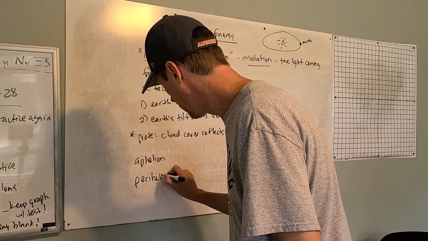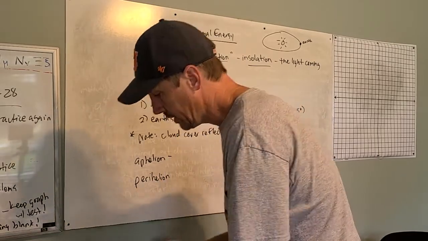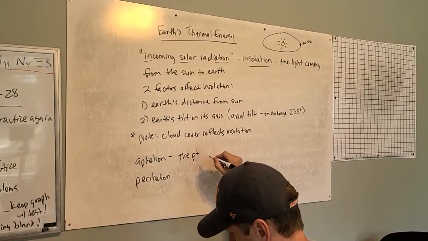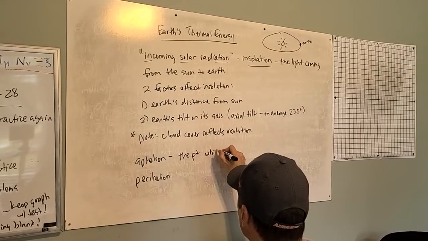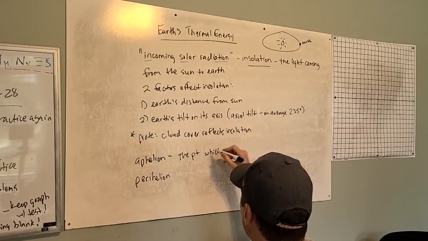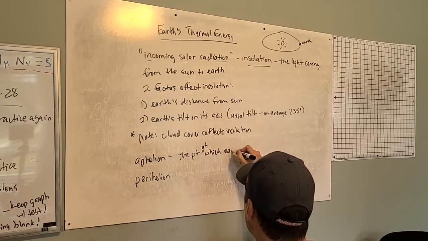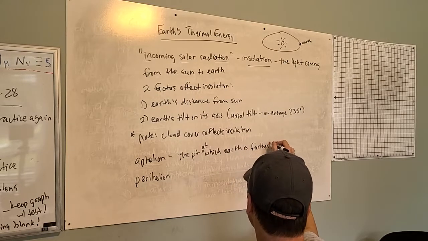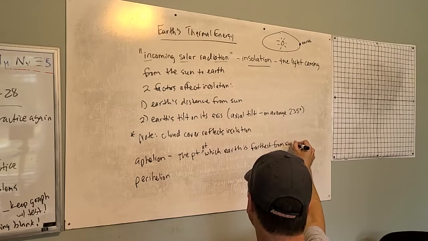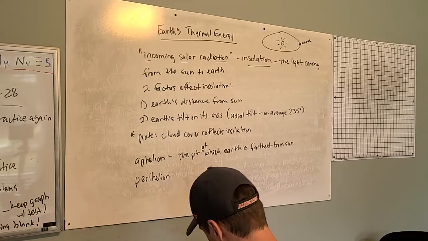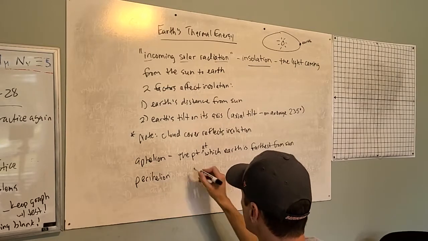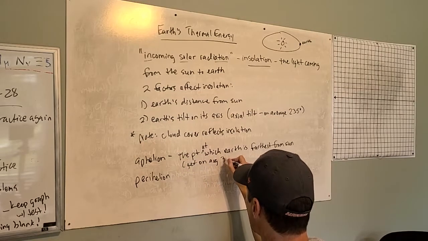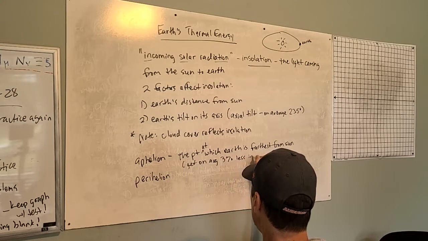Aphelion is the point at which Earth is farthest from the sun, and when it's at this point, you get on average 3% less insolation.